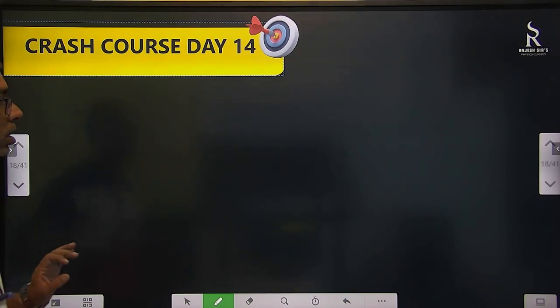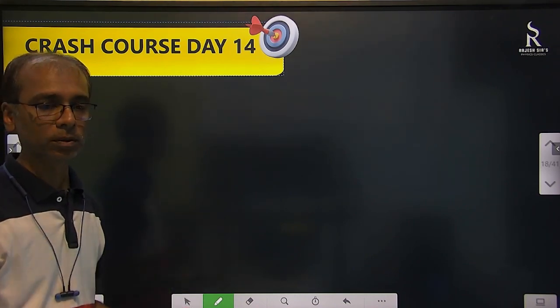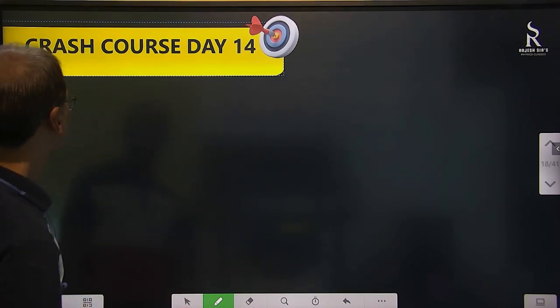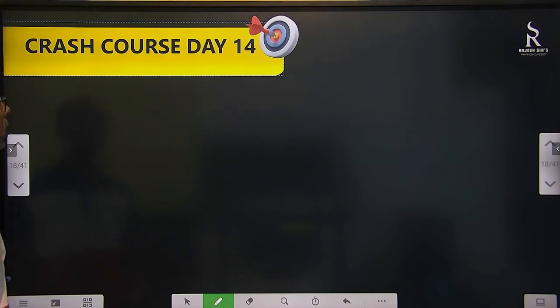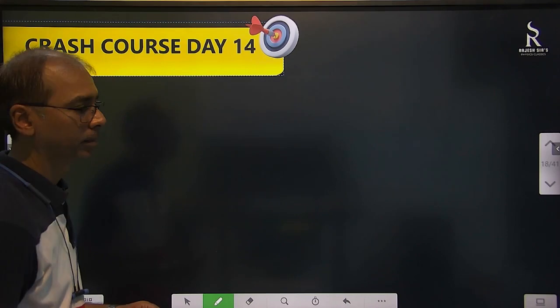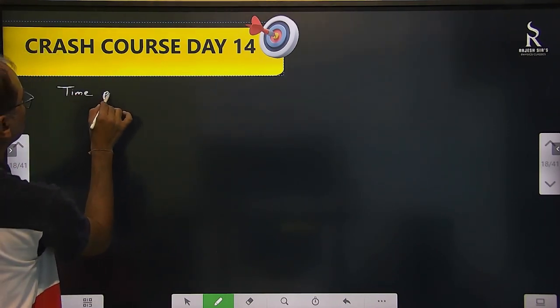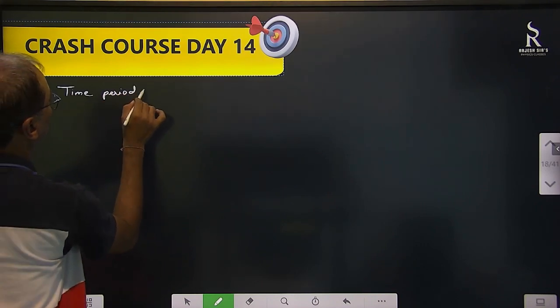Kinetic energy, potential energy, velocity, displacement, acceleration, time period questions we saw. Now, what else? Now we are going to see how to find the time period of the system. These are the other types of questions that are asked. Time period of system.